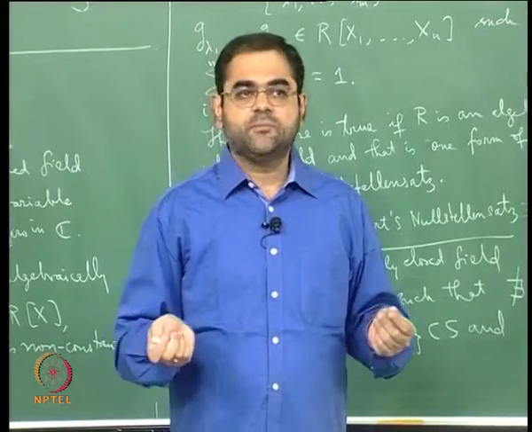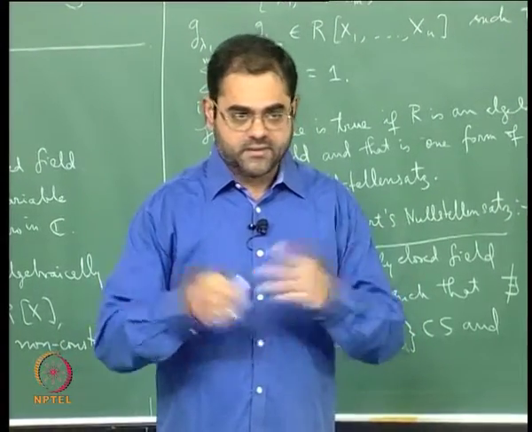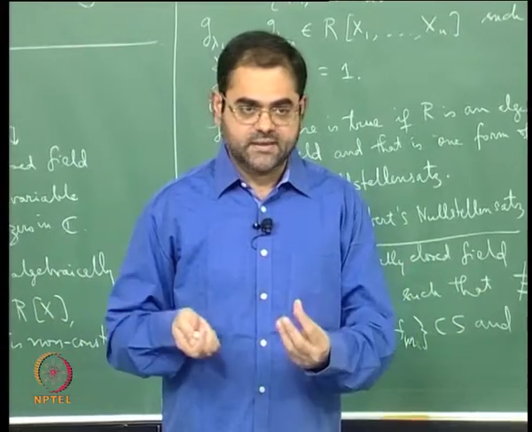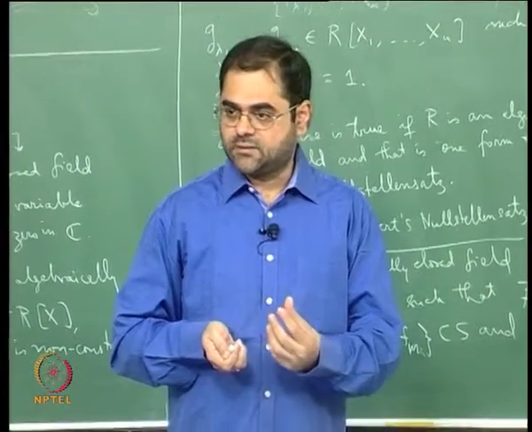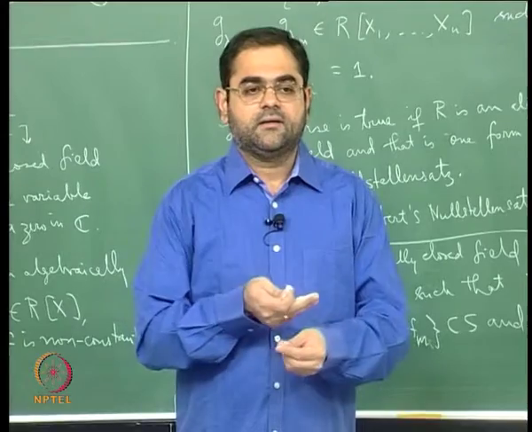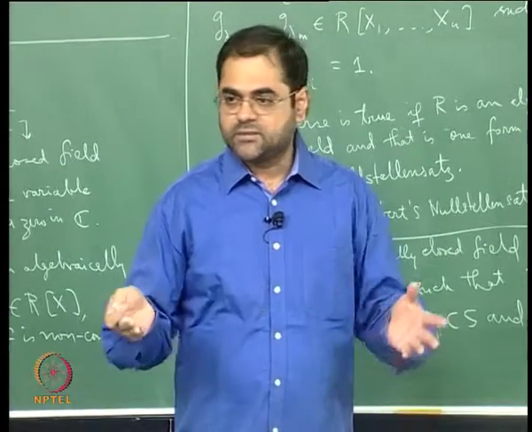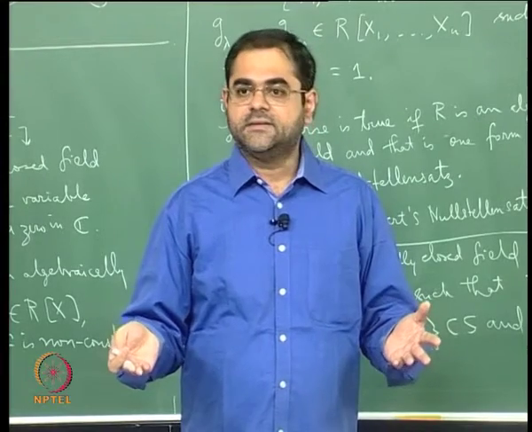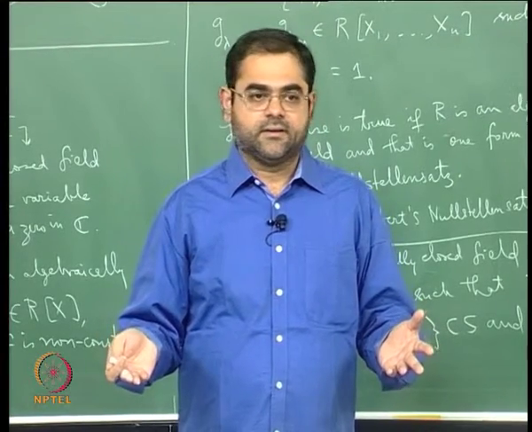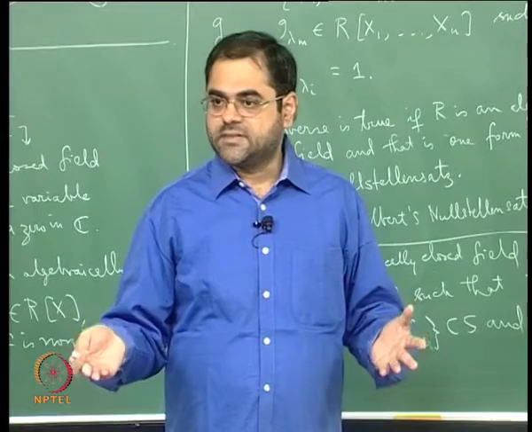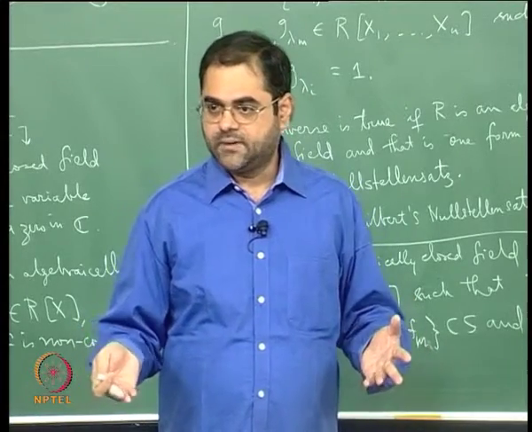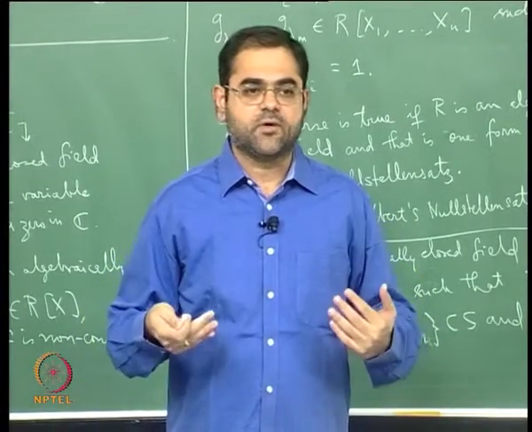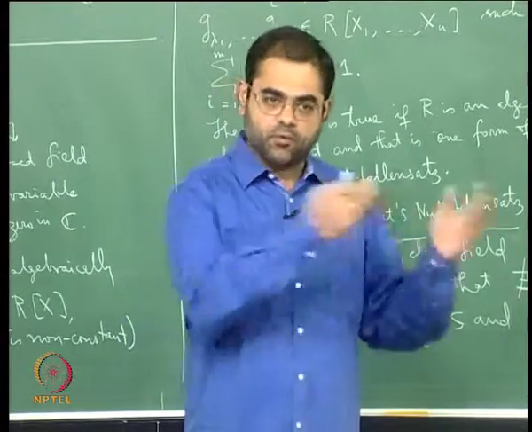So the conditions will be that the whole space is a closed set, the empty set, that is the null set, is a closed set. If you take a finite collection of closed sets, their union is again a closed set, okay, and if you take an arbitrary collection of closed sets, their intersection is again a closed set. These are just translations using De Morgan's laws for the corresponding axioms for open sets.